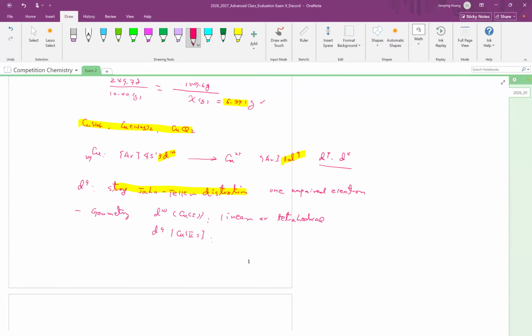That one could be square planar, or if you change the d orbital, octahedral. Octahedral, okay. Why? Because of Jahn-Teller distortion.